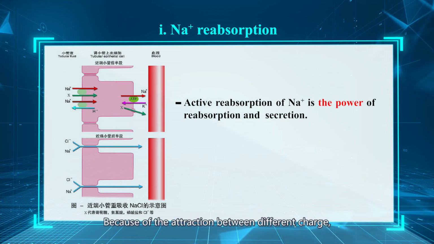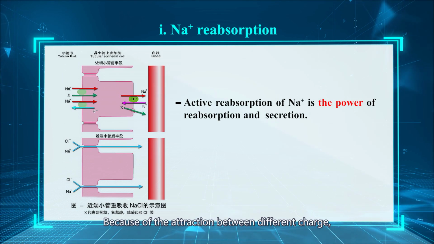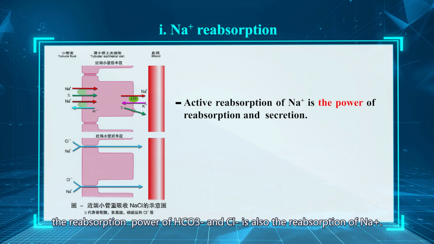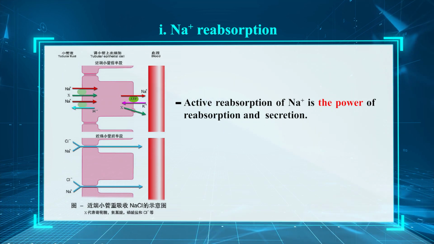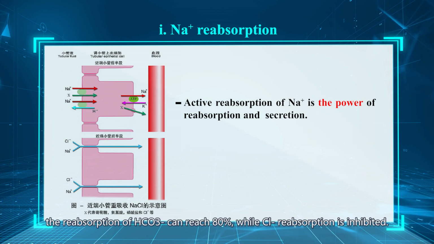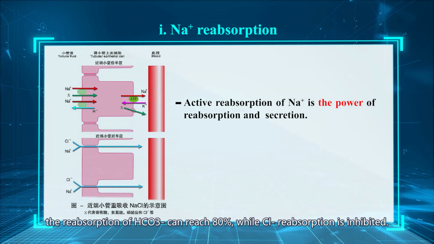Because of the attraction between different charges, the reabsorption of bicarbonate and chloride is also powered by the reabsorption of sodium. Because the proximal tubule can secrete hydrogen, the reabsorption of bicarbonate can reach 80%, while chloride reabsorption is inhibited.